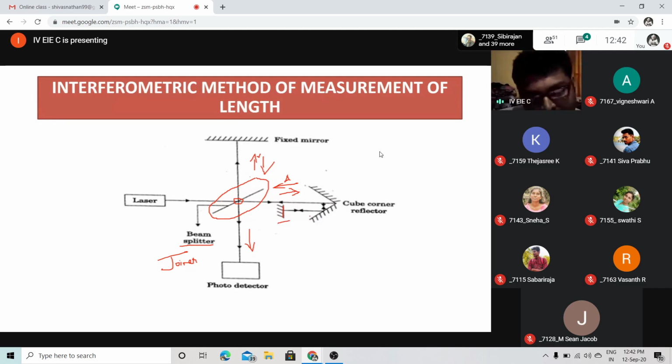Both ways it can be. No problem. Both ways create a change in the fringe pattern, and if this fringe pattern is analyzed, we can identify the measurement of length or distance.